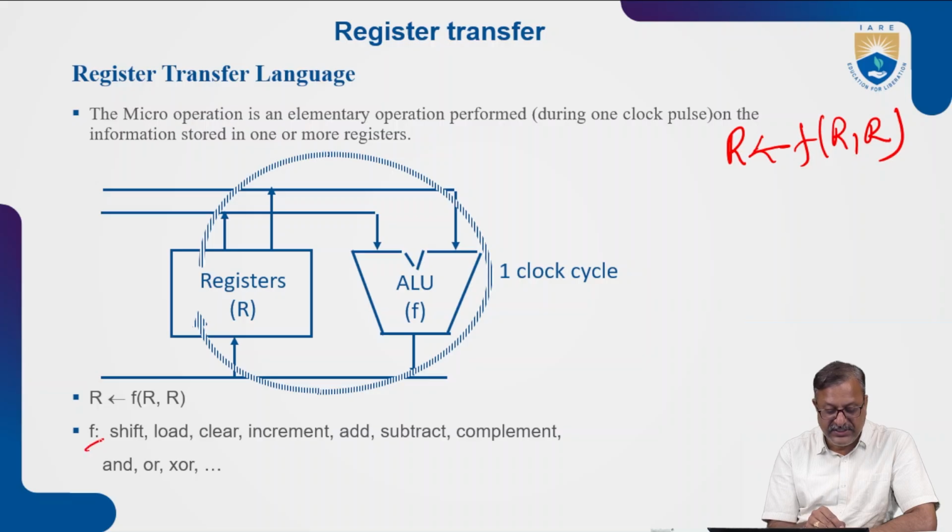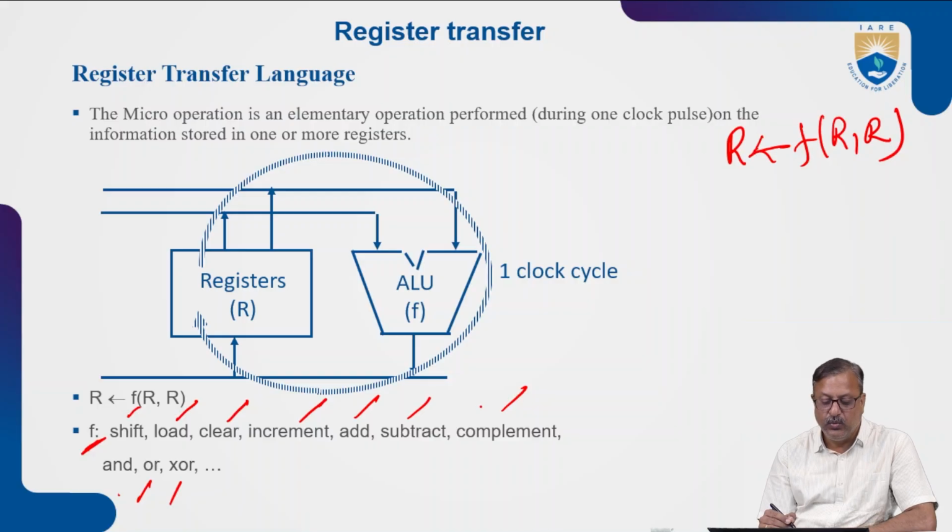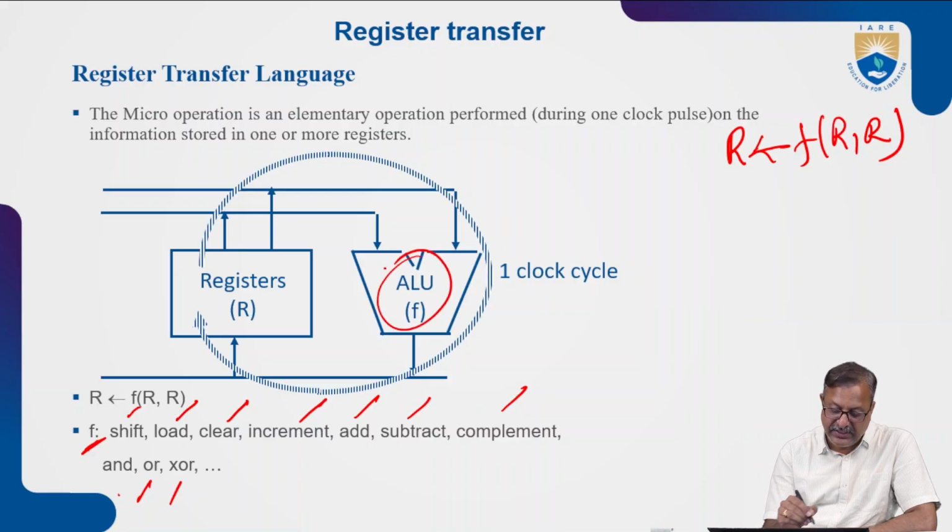What is the function here? A function can be shift, load, clear, increment, add, complement, and a logical operation such as OR, XOR. There are n number of operations which we define for this particular ALU.